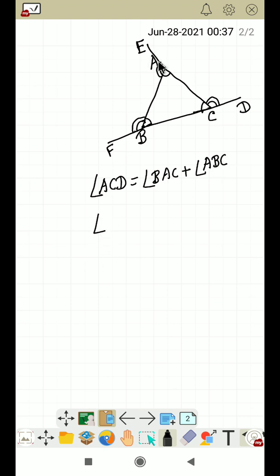If you consider this exterior angle, that time EAD is equal to the sum of the opposite interior angles, that are ACB plus angle ABC. Clear?